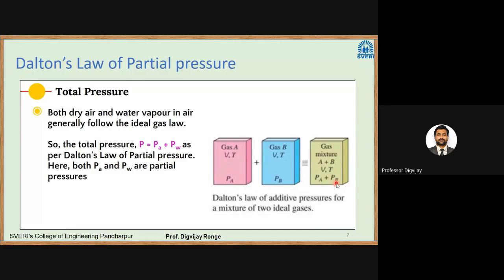And depending on the difference between vapor pressure and partial pressure, various phenomena we observe. We observe boiling, we observe vapor pressure, we observe condensation. So that depends on the difference between vapor pressure and partial pressure.